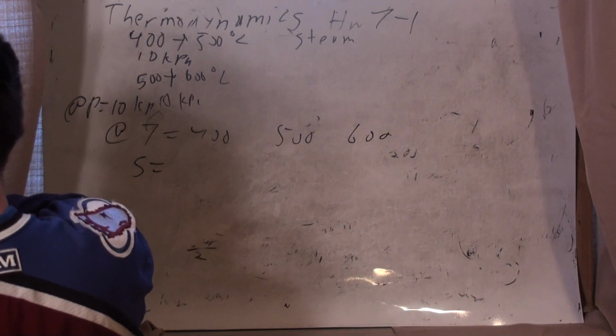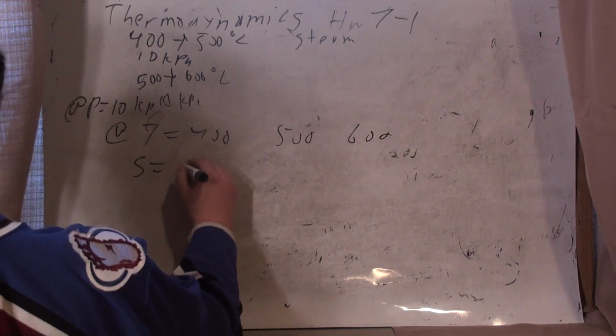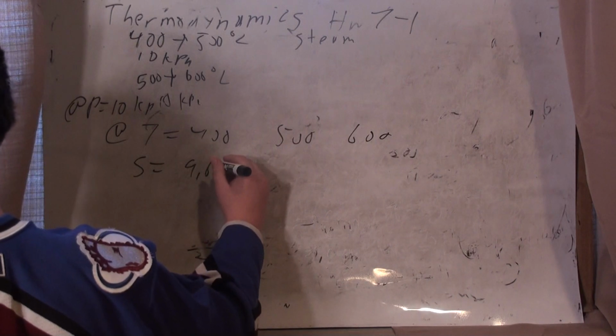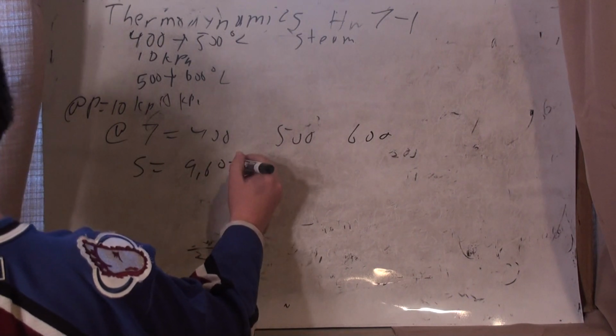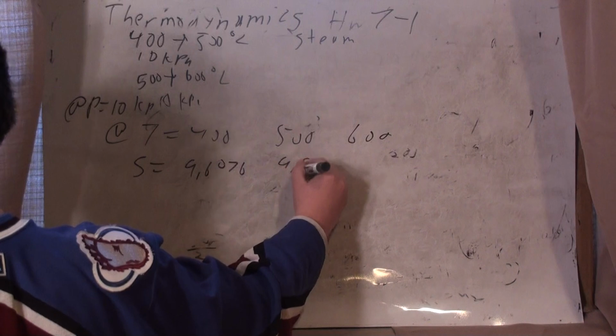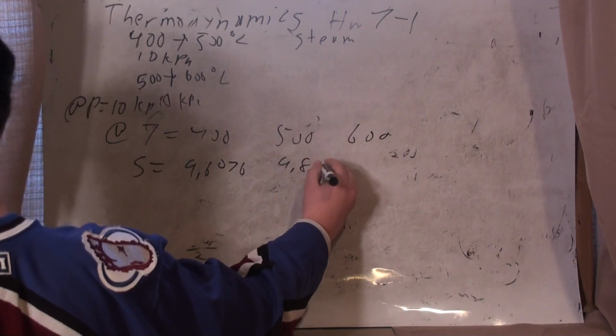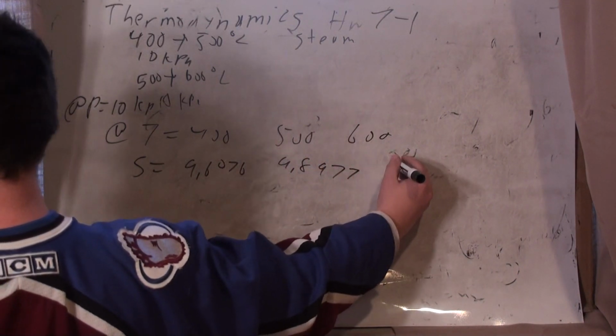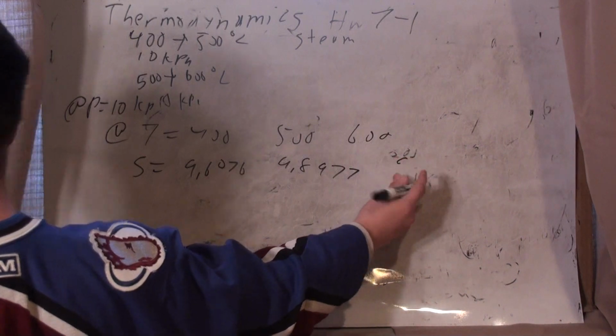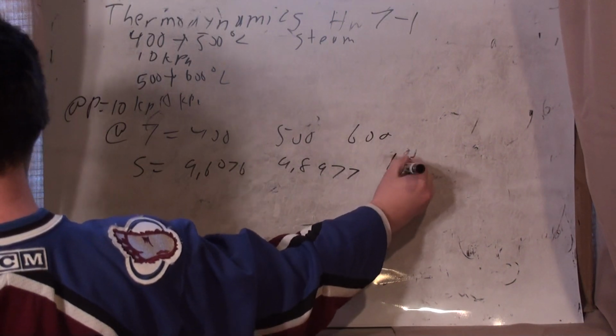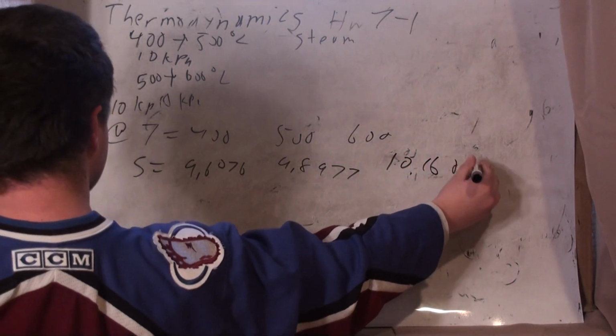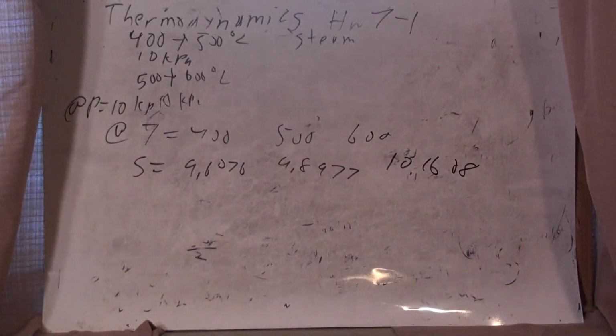Okay, and so we have 9.6076, 9.8977, and then 10.1608 in terms of kilojoules per kilogram K.